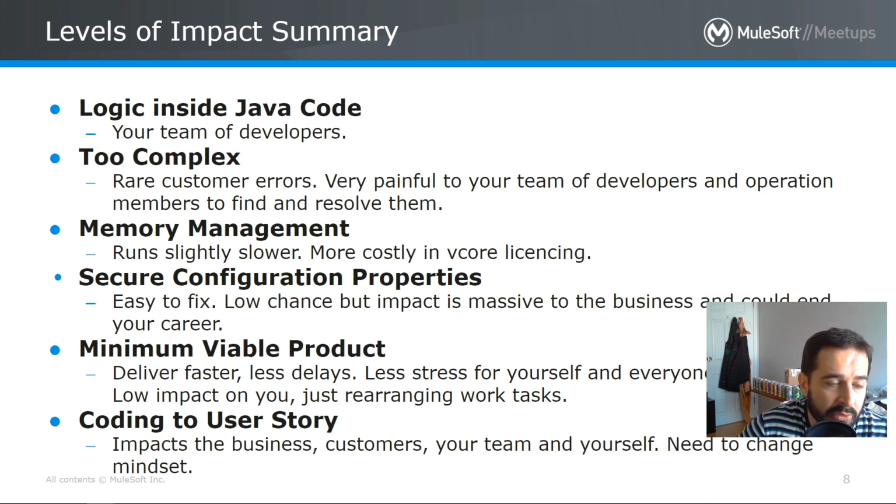And if you don't, and some of the features that you can't use, it's really developer features. Too complex, you are creating rare errors, so it's not like the API is broken, but it's very painful for your team and developers to try to solve them.